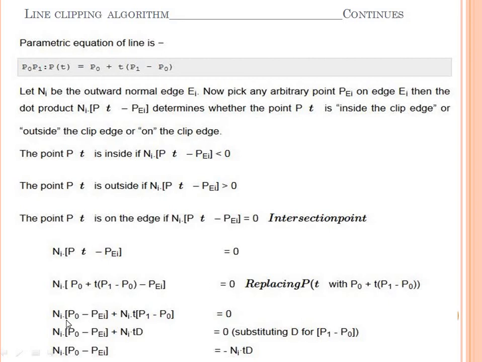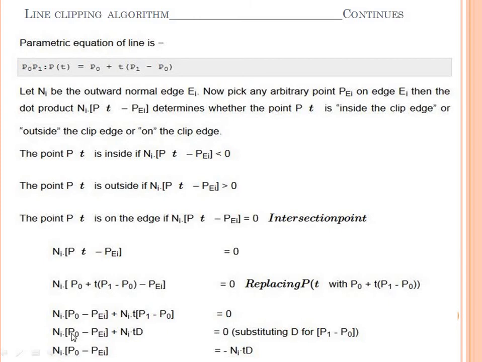So we multiply this Ni separately: Ni into P0 minus Pei, plus Ni into t of P1 minus P0 is equal to 0.